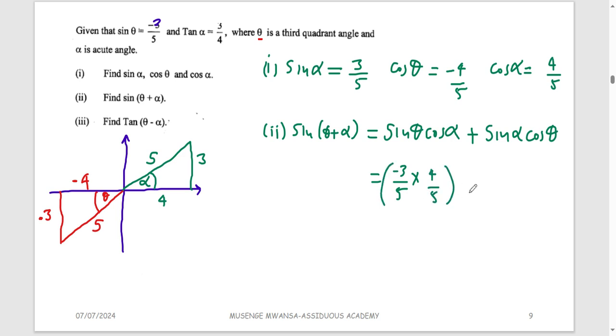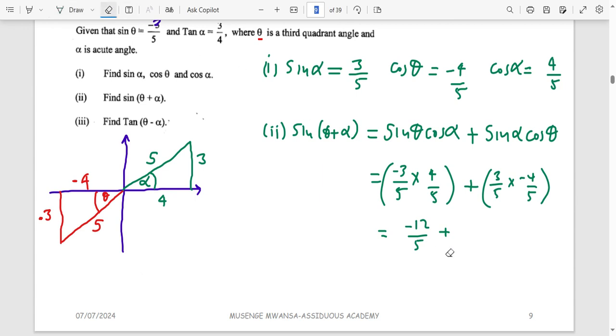Okay? And then plus sin alpha, it's there, it's 3 over 5. And then times cos theta, that's negative 4 over 5. And this is going to give us negative 3 times 4 is negative 12 over 5. 3 times negative 4, that is still negative.